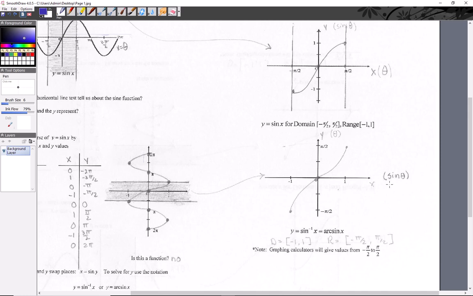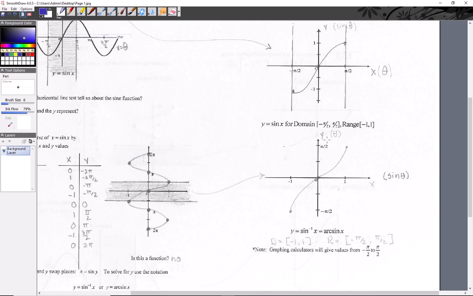We're trying to take ratios to angles. So if you come over here, when x is negative 1, y is going to be negative pi over 2, that's here, and then you have the origin marked, and then when x is 1, y is pi over 2. So that's it. And of course, as I said before, that'll pass the vertical line test.